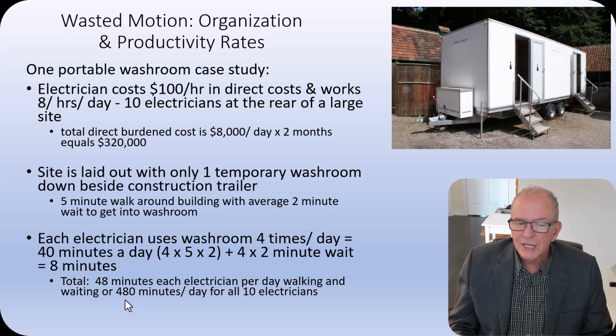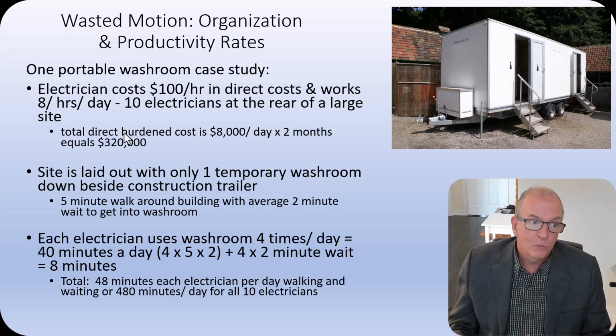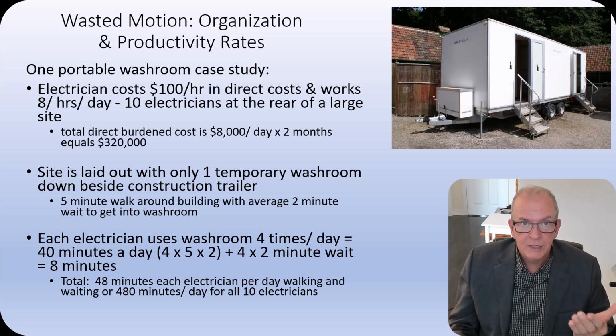Now, if you want to think about that, there's 60 minutes in an hour. That's really like 8 hours a day being wasted. Really, we're working 80 hours a day total. So it's about 10% of the time is the walking back and forth and the waiting to get into the washroom.